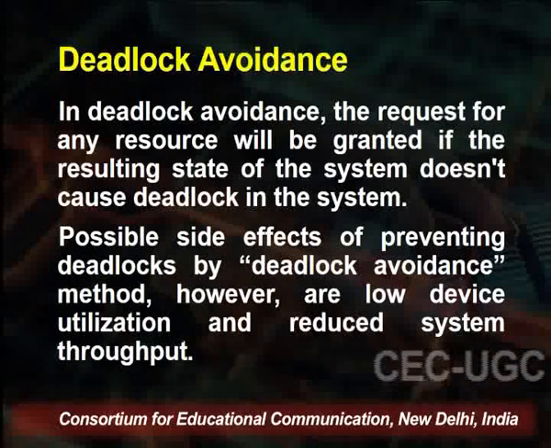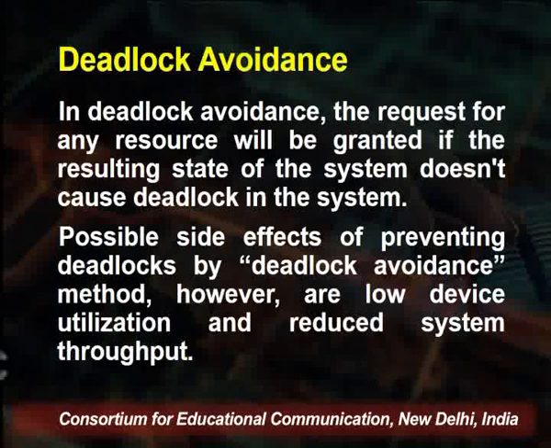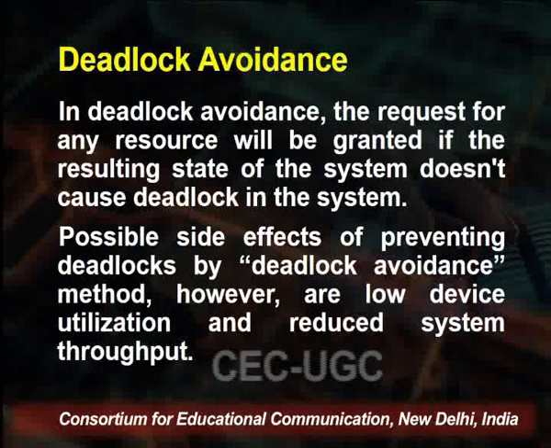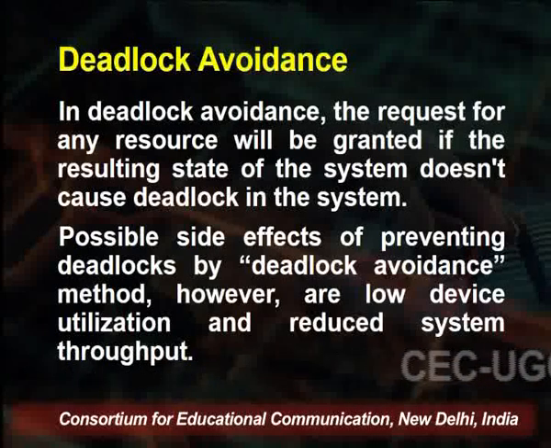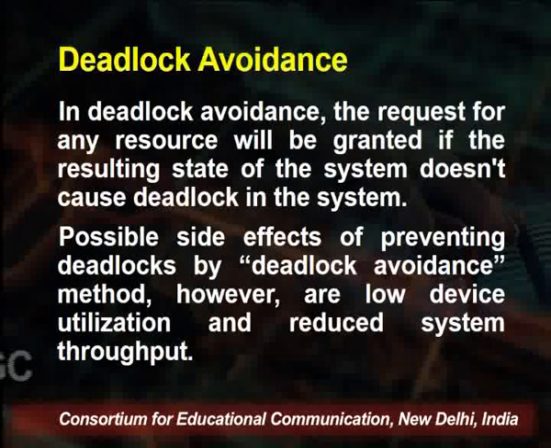That means the process is requesting some resources, and the process will be granted the resources only if, even after granting those resources, the system is not going to enter into a deadlock, because here the scheme is about deadlock avoidance. We don't want to allow our system to enter into a deadlock.